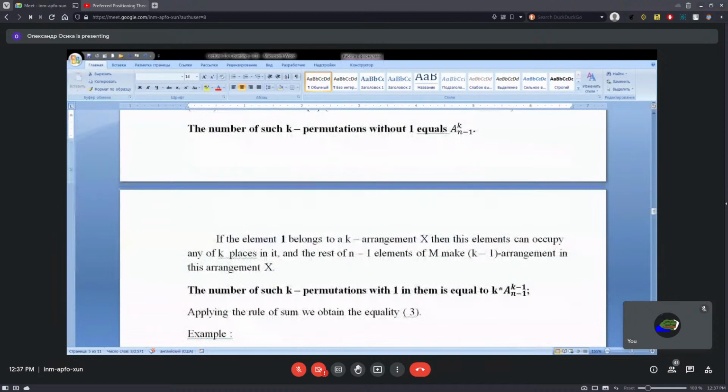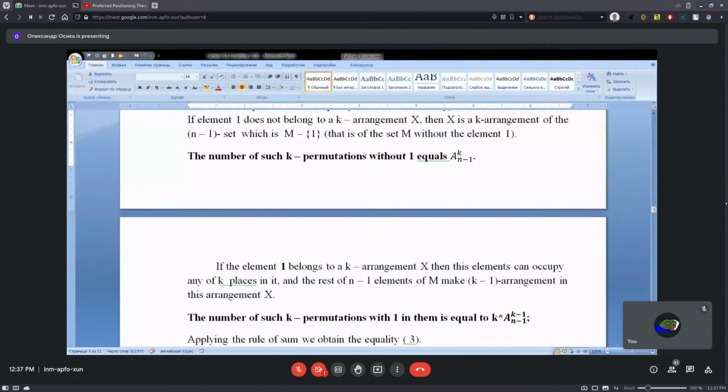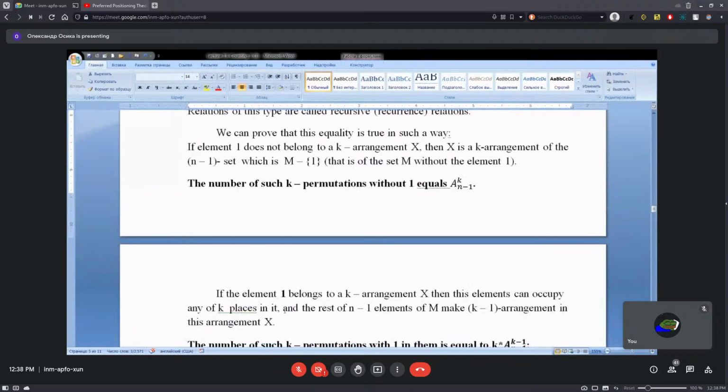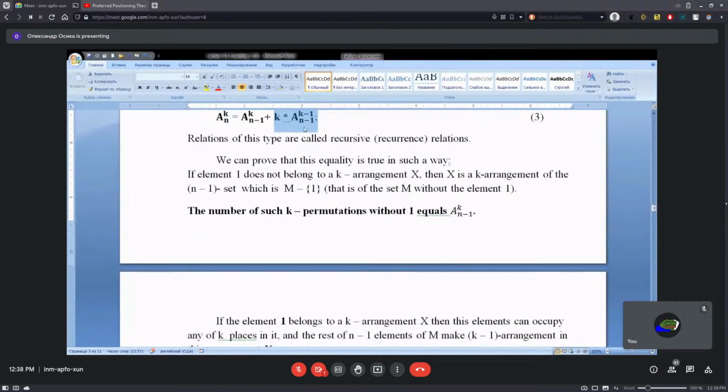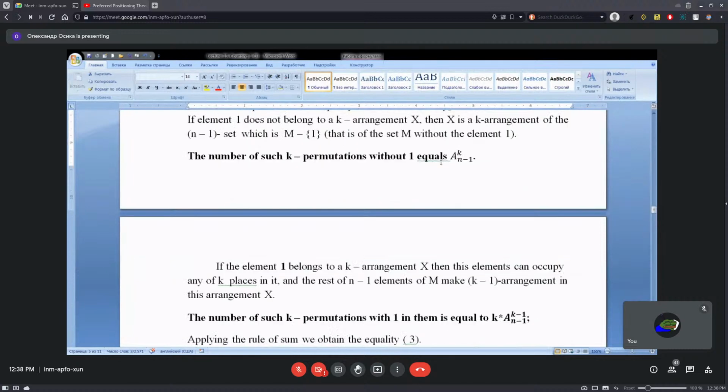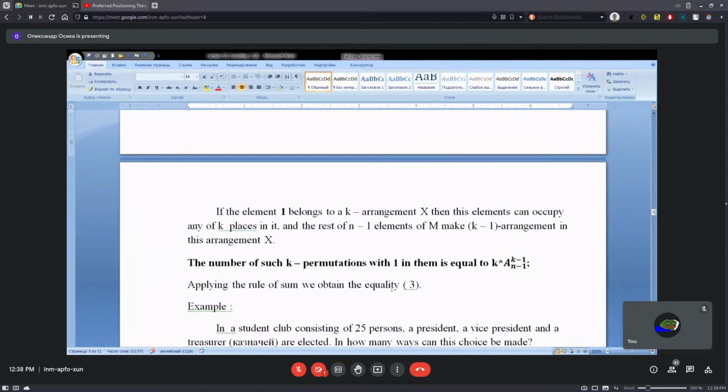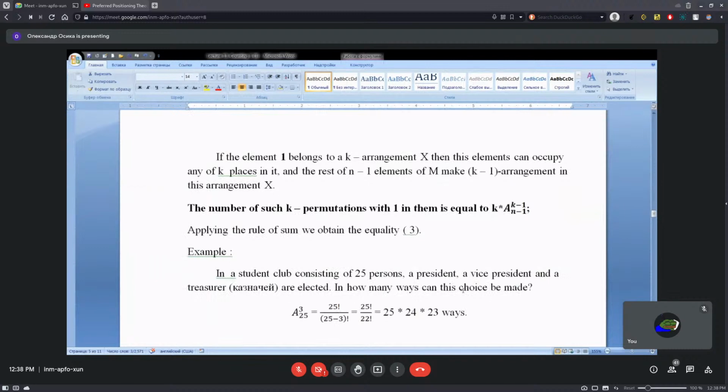If the element 1 belongs to a K arrangement X, then this element can occupy K positions as I showed to you. And the rest of n-1 elements of M make K-1 arrangement in this arrangement X. Applying the rule of sum, we obtain the equality 3.